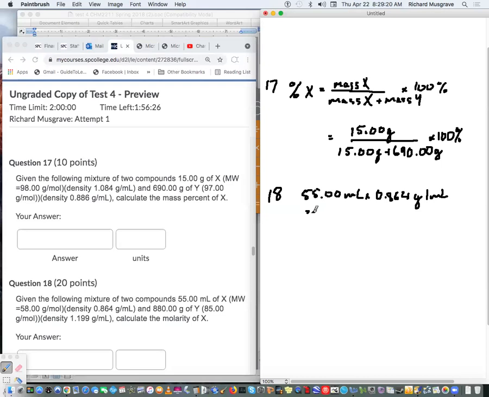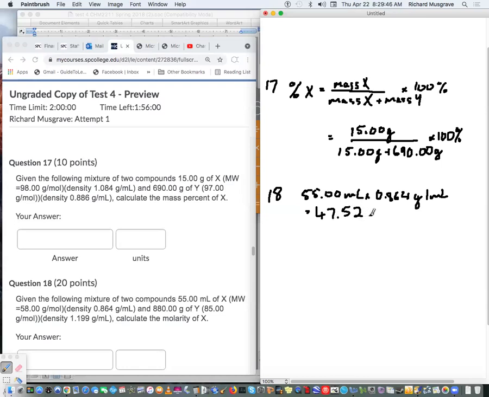Now you might ask, how do you know whether to multiply or divide? Well, if you're looking for a mass, it's always multiplication. If you're looking for a volume, you're always dividing. But you can see here how the units will cancel. The mils will go away and you'll be left with just the grams. Okay, so that would be 47.552.